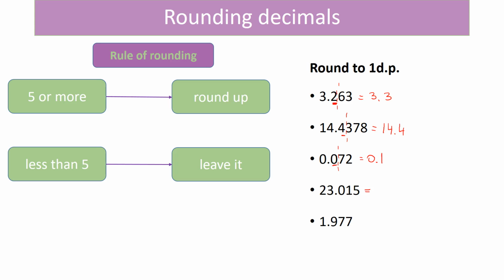In the next number, again, 0 is the first decimal place. And then after 0, we've got 1. Now, because 1 is less than 5, we're going to leave 0 as it is. So it's going to be 23.0. Now, because we need to give those numbers correct to one decimal place, we need to write 23.0 and not 23, even though it's the same number.